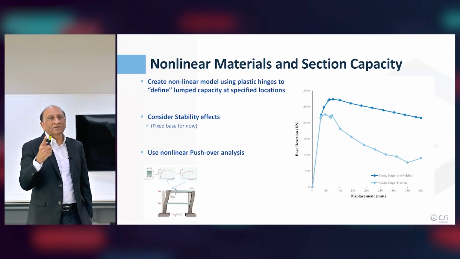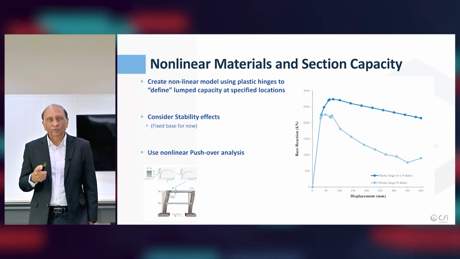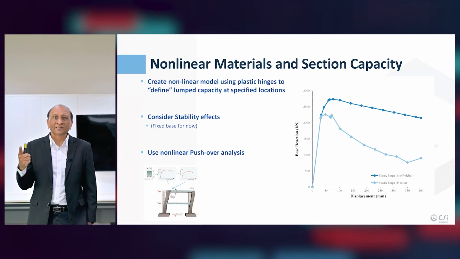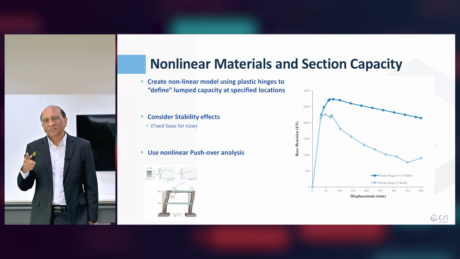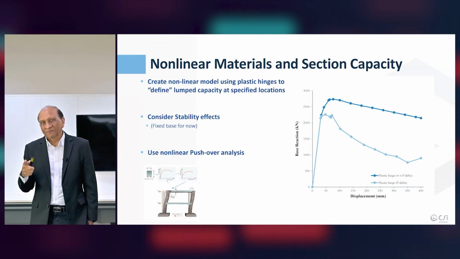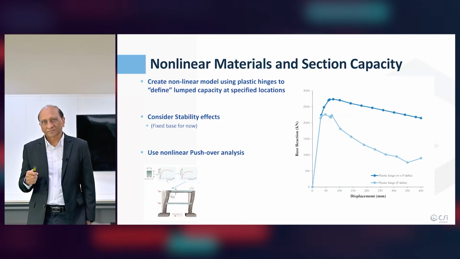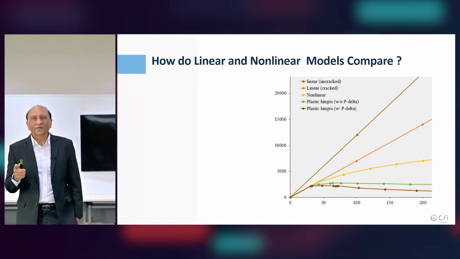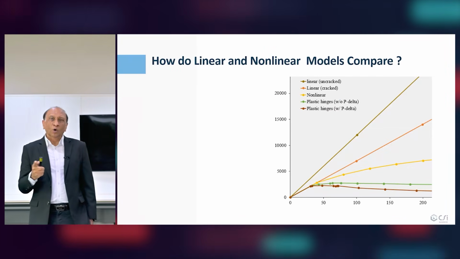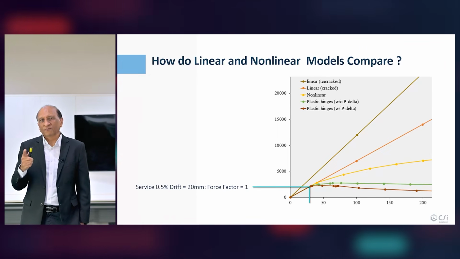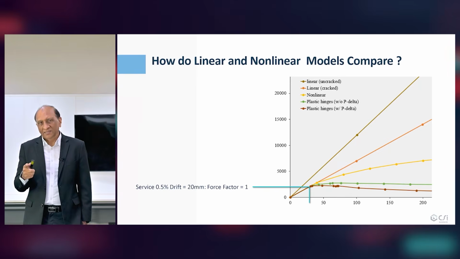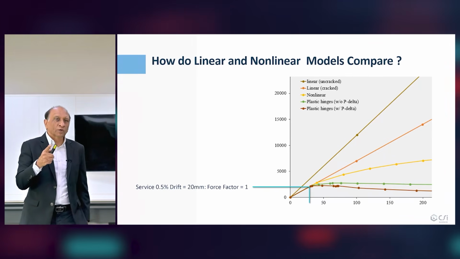The frame cannot even carry 5,000 kilonewton, unlike the 40,000 predicted by linear analysis. And if you include the P-delta effect, it will be even less. If you put them all together and just look at a small range of the frame, you can see from here that at a drift of 0.5%, you will get a force factor of 1.